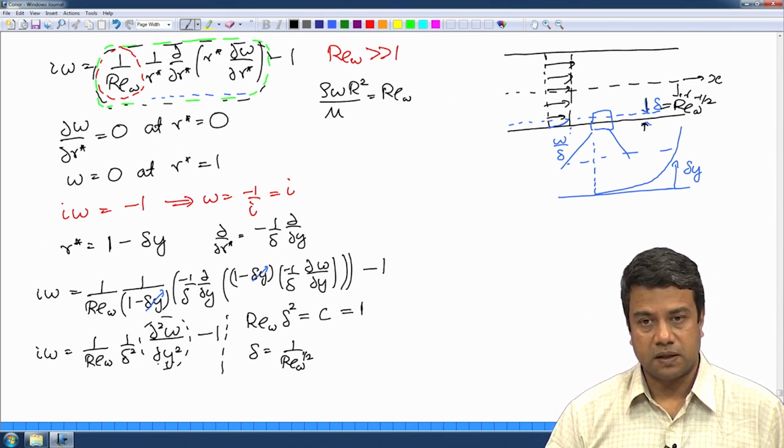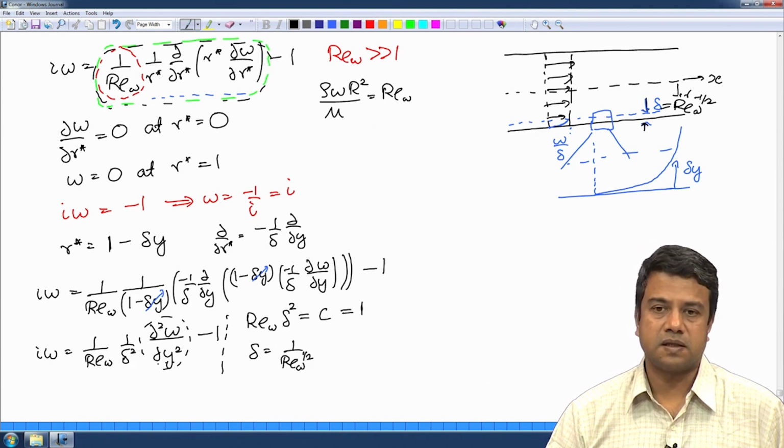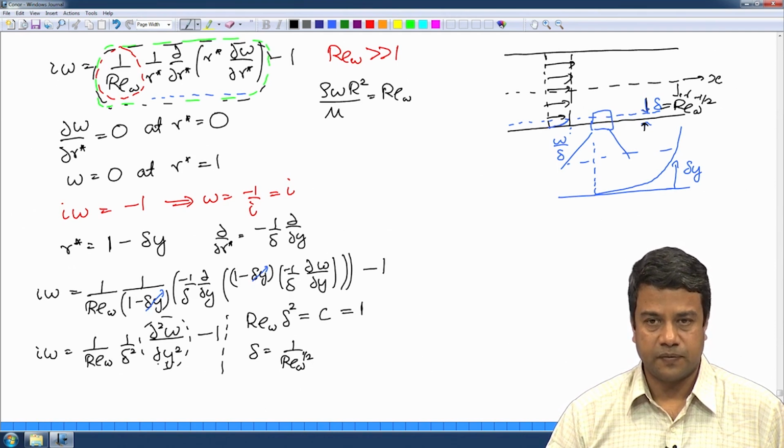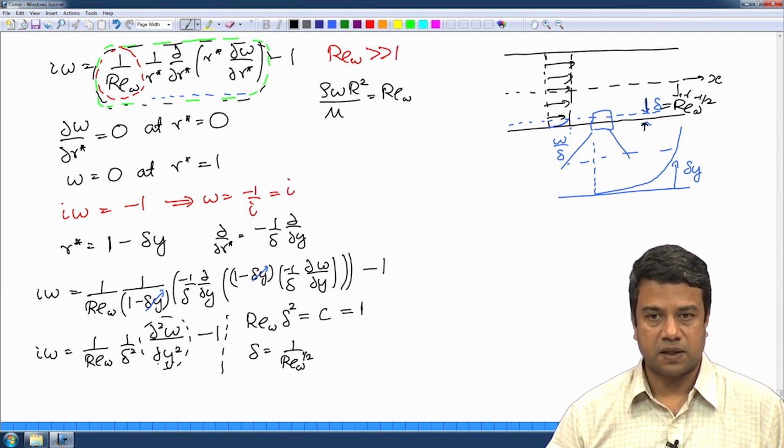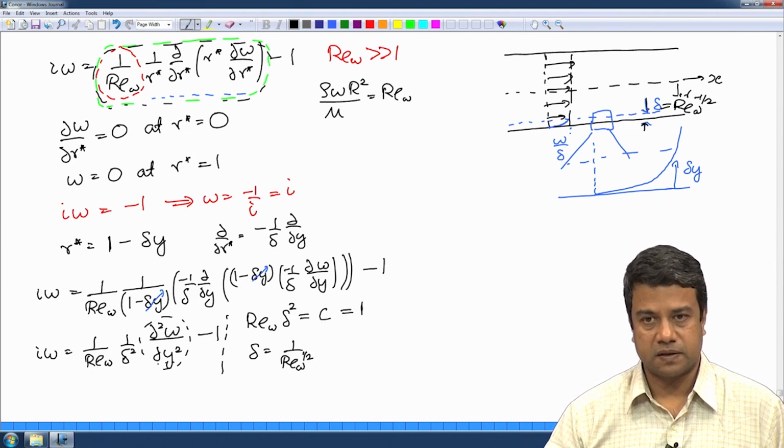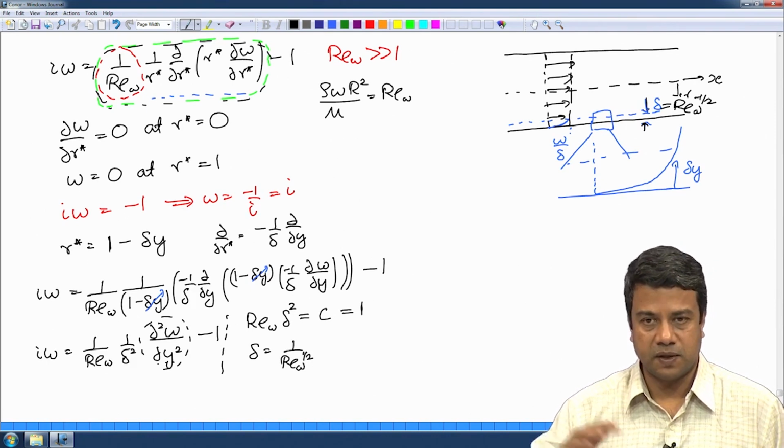Even though the Reynolds number may be large, that is, the time required for momentum diffusion may be large compared to the time period for the flow reversal, or the reversal of the pressure gradient.